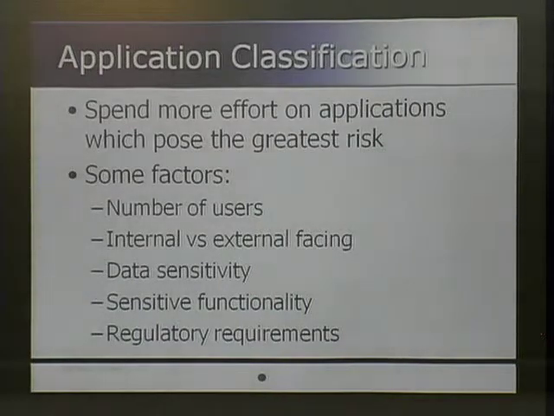So some of the things you may want to consider: how many users are using this application? Is it an internal-facing app or is it external? And if it's internal, do we trust our internal users, or are we just going to focus on our external-facing apps? So in this case, we already knew that our focus was the external apps, so we didn't have to care about internal apps. But at your organization, if you want to do a full assessment, you have apps that are only available to internal users.